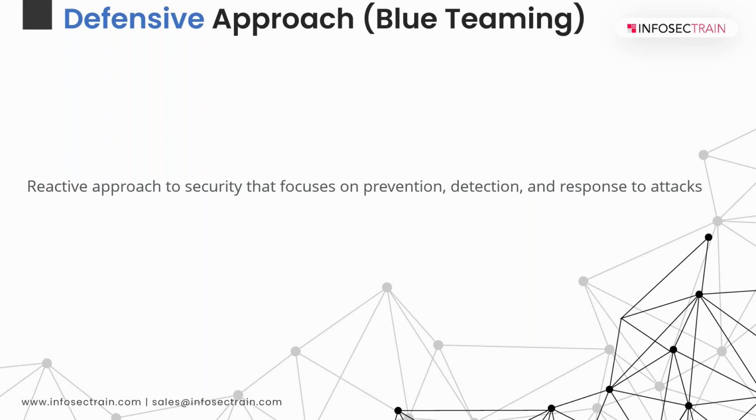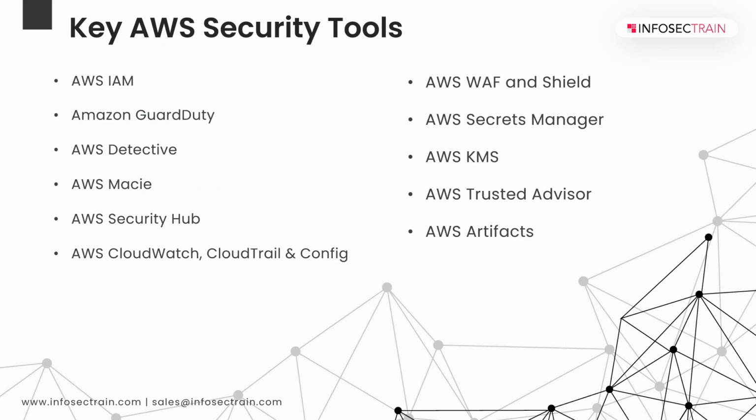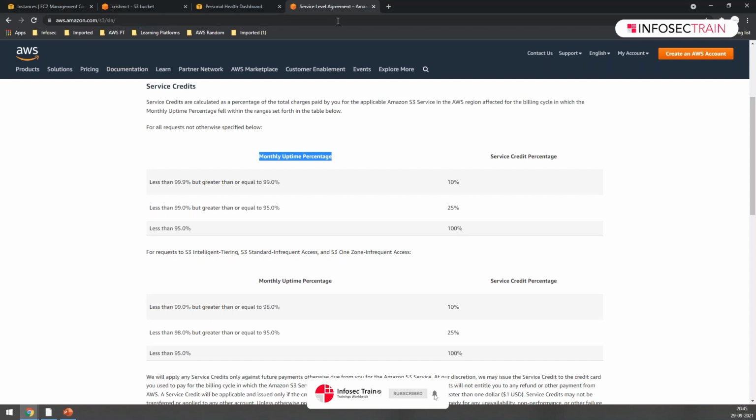I will show you some tools in AWS which will help you with this defensive approach. Team, when I talk about this, one more question that comes up is, Krish, you are saying these tools are there, so are these tools the only solution? Not at all.